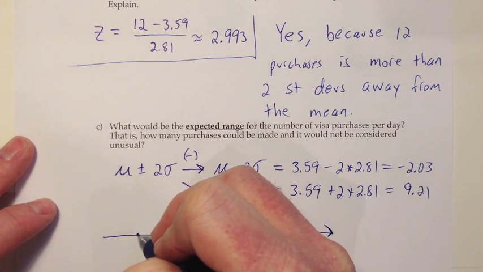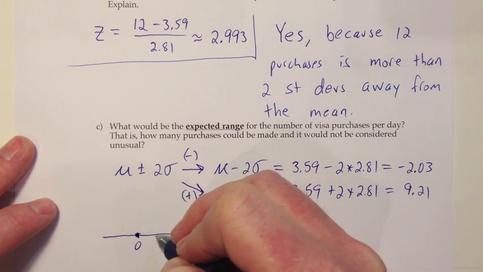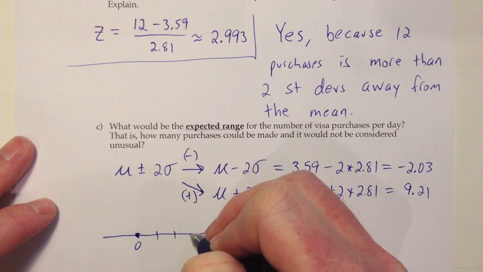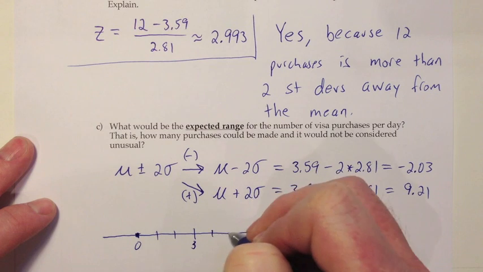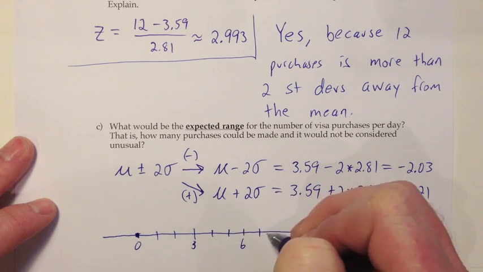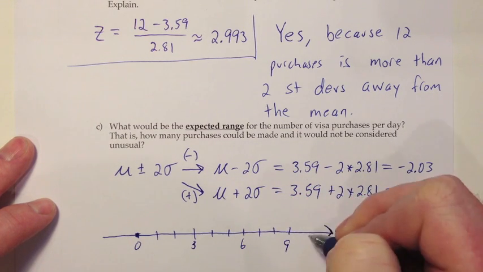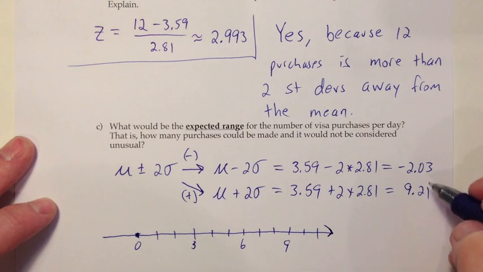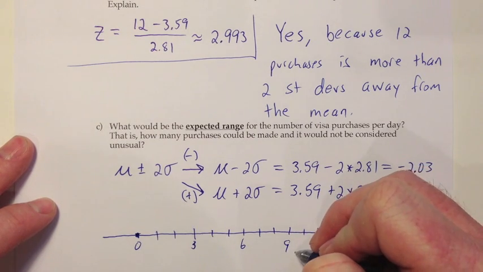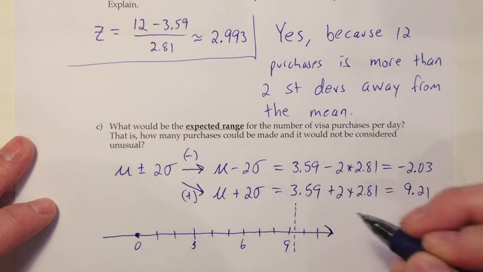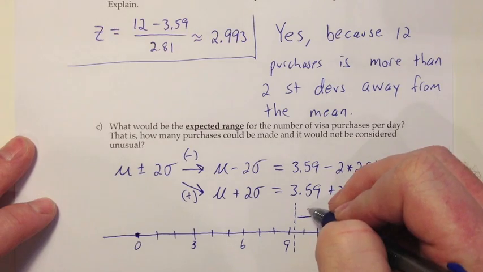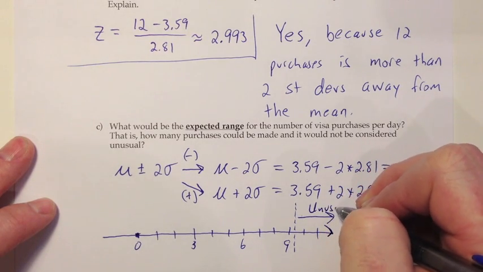And we have maybe 0 as the least number of purchases that makes sense. And then maybe you have 1, 2, 3, 4, 5, 6, 7, 8, 9, and we could go on 10, 11, and so on. But we're saying with this 9.21, if you get past here, anything out there is going to be unusual.